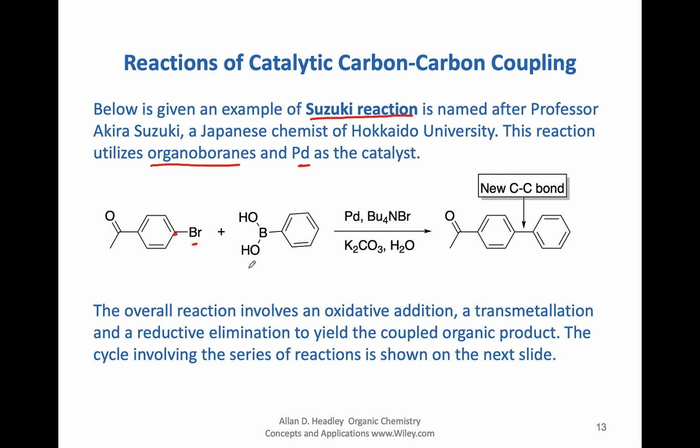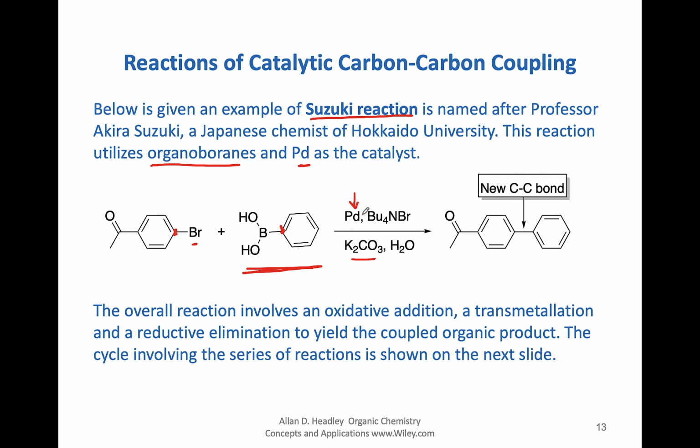But the main difference here is the organoborane that's used here. So when the reaction is done, this sp2 carbon here is coupled to this sp2 carbon to make this new bond here. The palladium is used here. Here is our base, and so on.